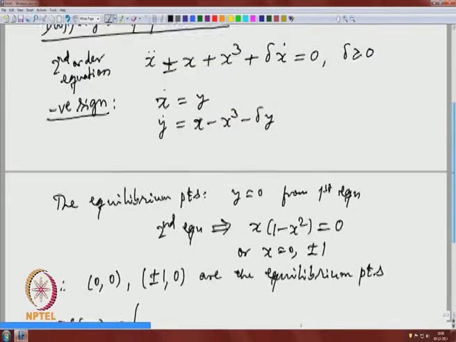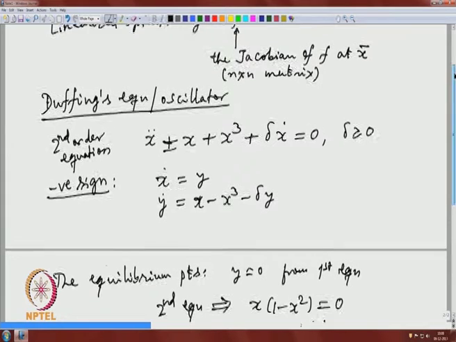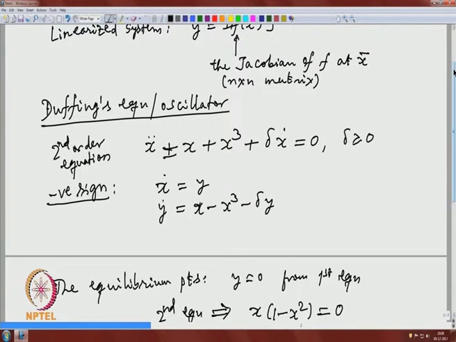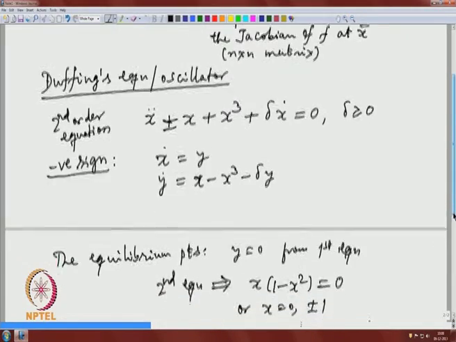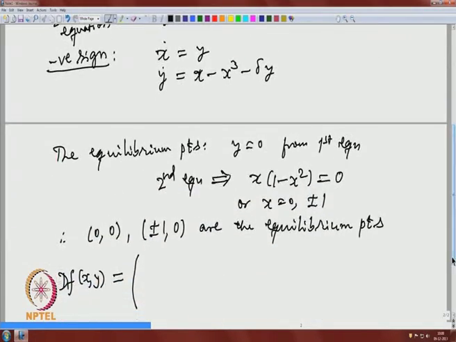If you go back, you see that the first equation contains only y and the second equation is x minus x cube minus delta y. So, this will be 0 1, 1 minus 3x square, minus delta.